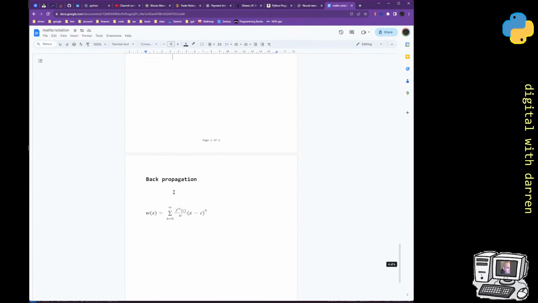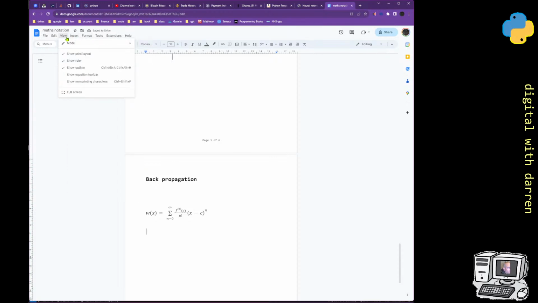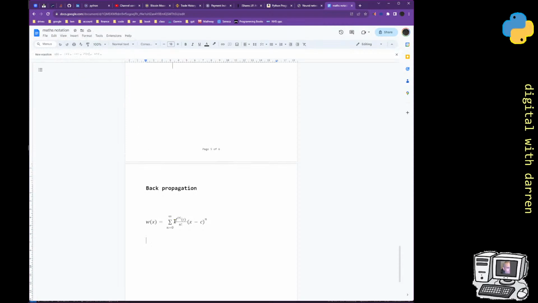No. Let's try and get our formulas working. View, equation toolbar. There we go. The equation toolbar is the way to do it, not insert.